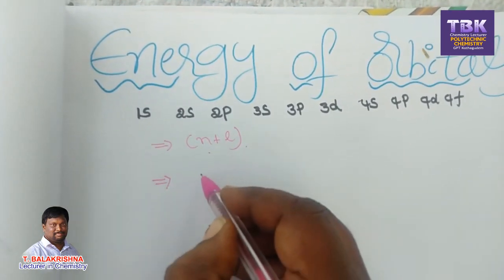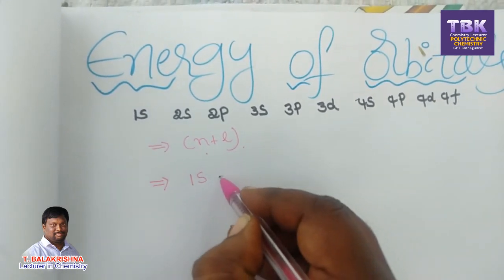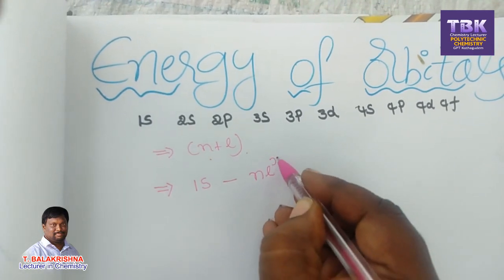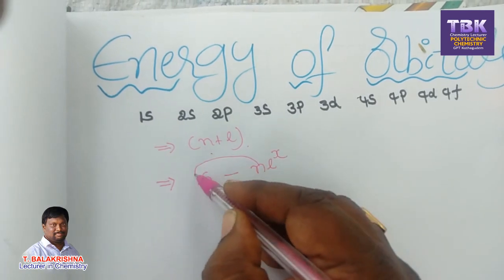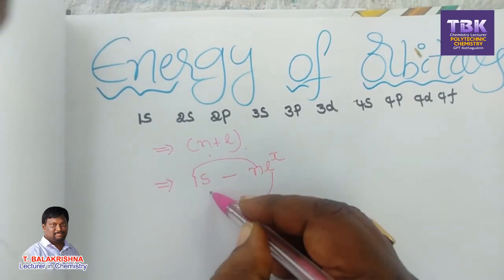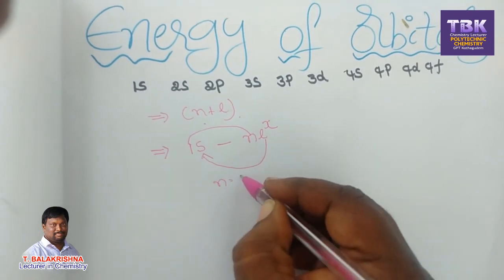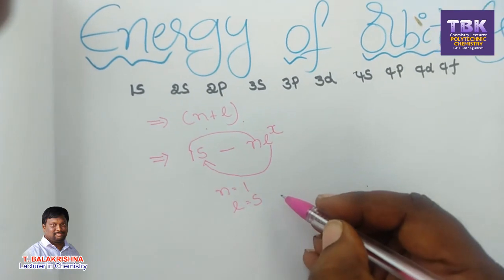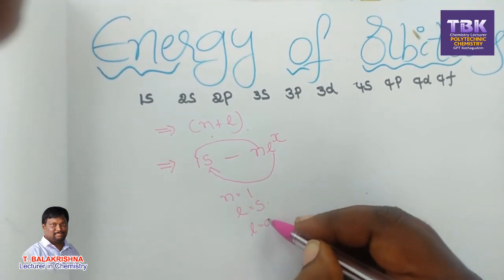For example, if we want to find the energy of the 1s orbital, 1s should be compared with nl. So here n is equal to 1, and L is s. L equal to s means, as we already learned in the azimuthal quantum number, L is equal to 0 for an s orbital.